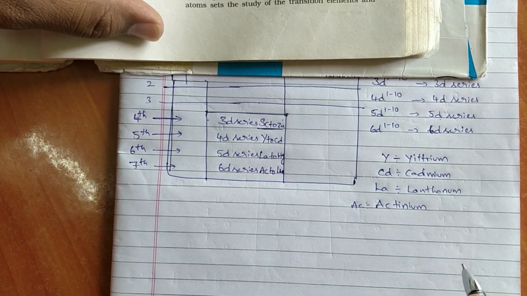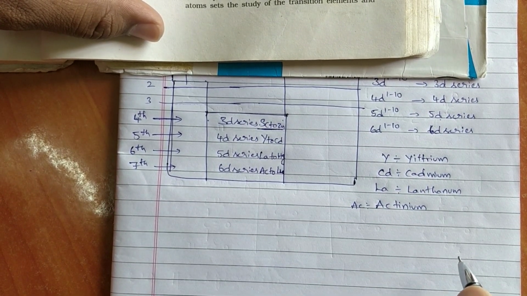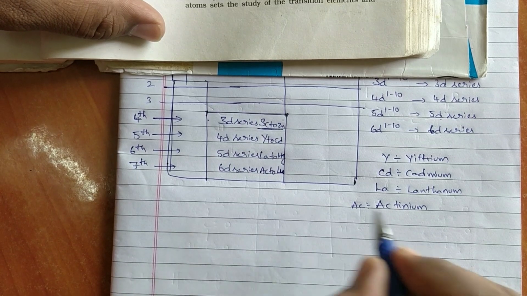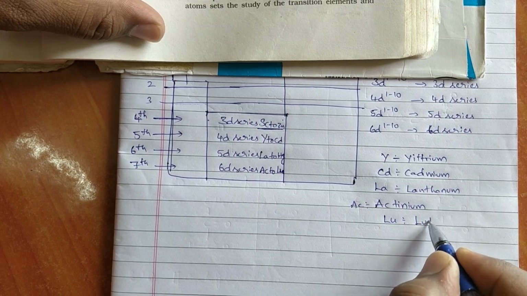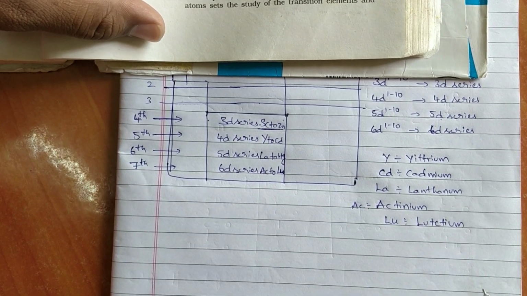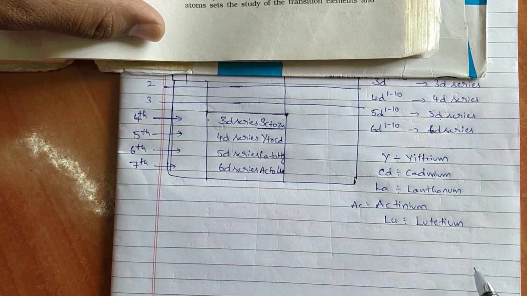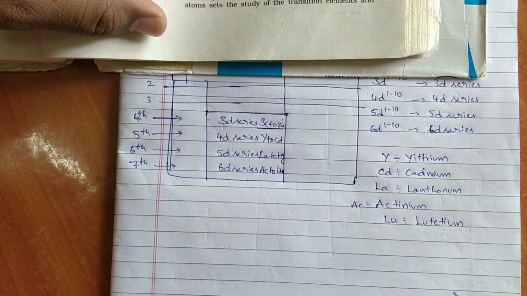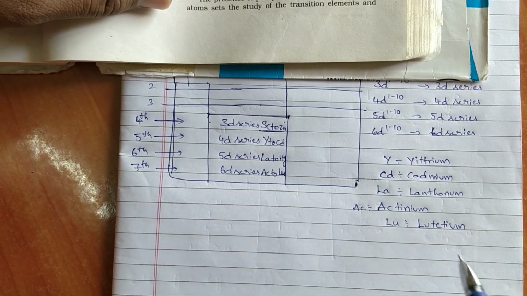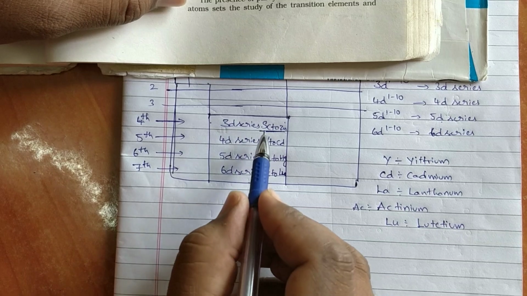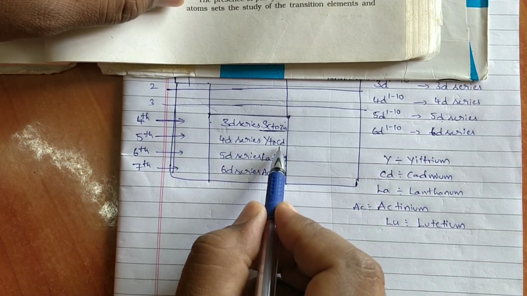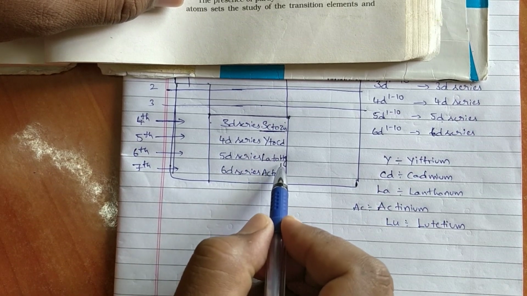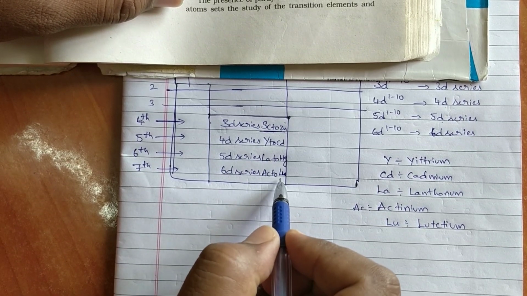The elements which follow actinium are called actinoids. Lutetium, Lu. Scandium, Sc. These are the abbreviations I told. Actually, 3D series, scandium to zinc. 4D series, yttrium to cadmium. 5D series, lanthanum to mercury. 6D series, actinium to lutetium.